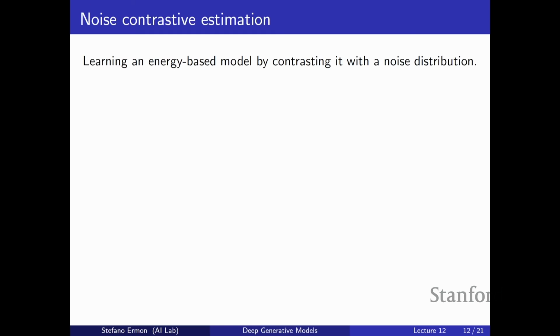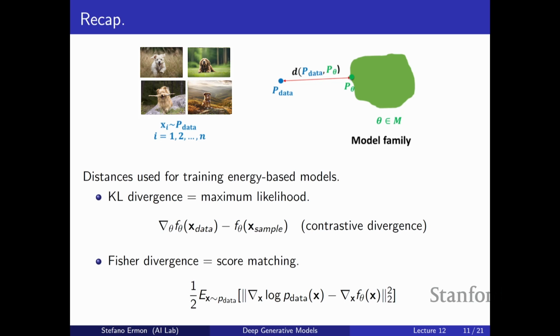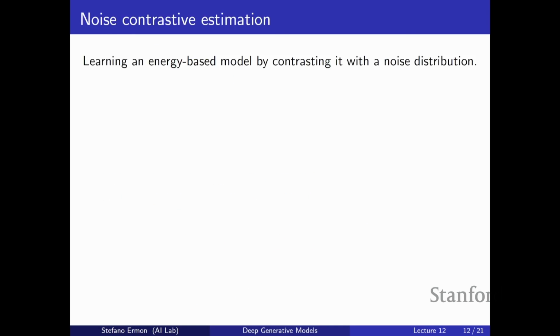Now there is another way of training energy-based models, which is going to be somewhat loosely similar to generative adversarial networks. It is essentially a way to fit an energy-based model by, instead of contrasting data to samples from the model, contrasting the data to samples from some noise distribution, which is not necessarily the model distribution itself.